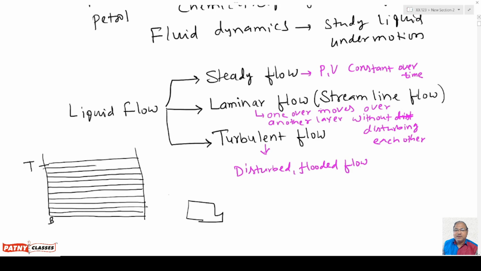So these are the different layers of the water, and all the layers are flowing. All the layers, or a few layers, are moving from one point to another point.